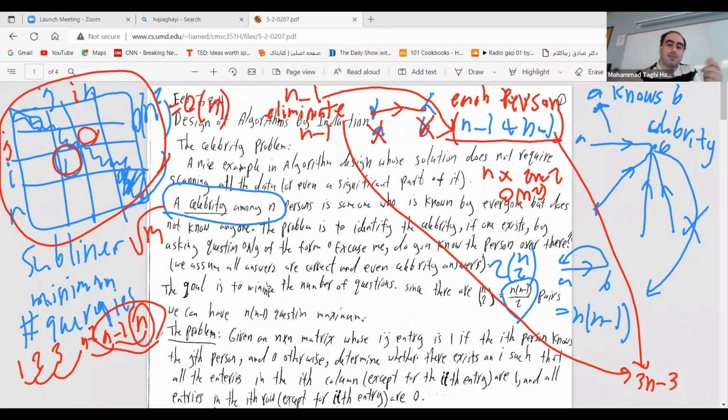So if we just use this algorithm, we know that from this last guy, we have asked at least one question, correct? So here we have 3n minus 3, we can actually make it 3n minus something, because this information that we know, we can avoid asking this question.